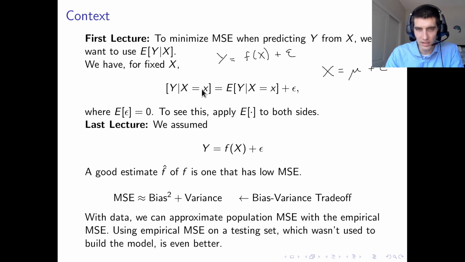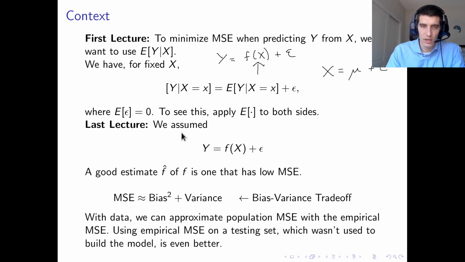And what I'm saying here is I can do exactly the same thing for the conditional random variable y given x, where I'm rewriting it as some mean plus some random variable which is zero mean, because we pulled the mean out into this mu. This is important because it relates to what we were talking about in the last lecture, where y is some function of x plus epsilon. The random variable y is some function of x, this expectation, plus epsilon.